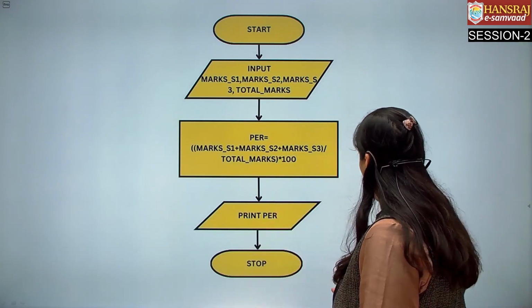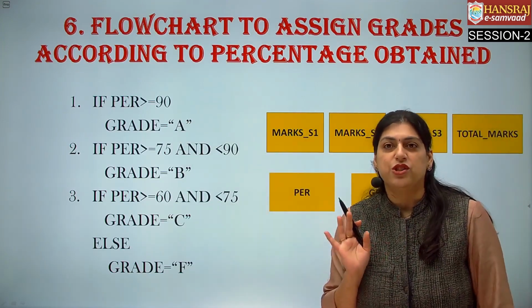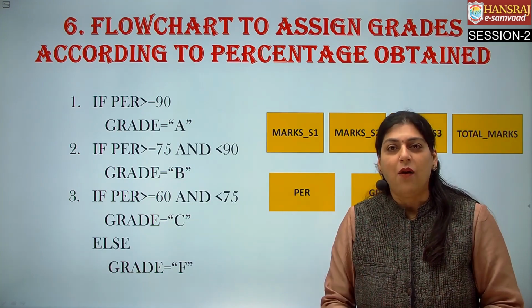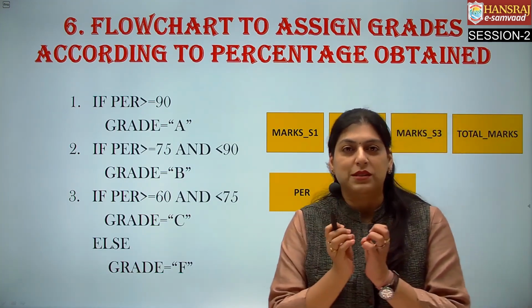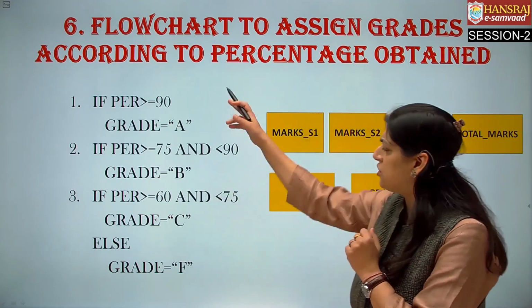I'm just adding one more step to this particular question. I have calculated the percentage. Now I am assigning the grade to a student, depending upon how much percentage a particular student has obtained. So these are certain conditions given to me.